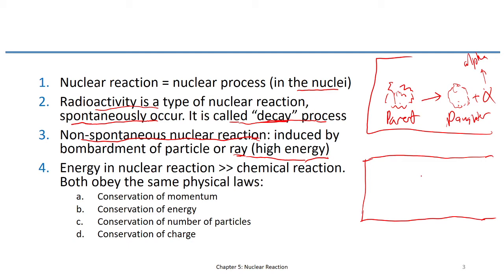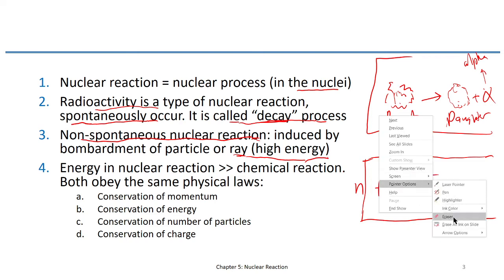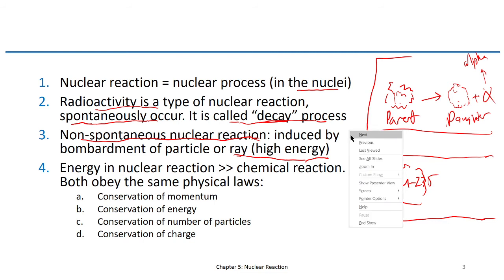Okay, you have uranium 235, so you need to bombard the uranium 235 with a neutron. This is supposed to be plus sign, not arrow. So plus, meaning that the nucleus of uranium 235 is bombarded with a neutron.